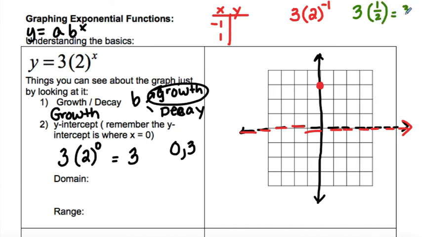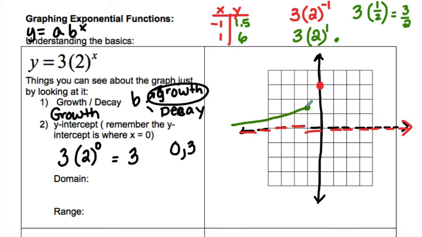So we get 3 over 2, which is 1.5. Okay, and then if we plug in 1, we get 3 times 2 to the 1 power, which is 2, and that'll give us 6. So I have enough to plot and graph this: (-1, 1.5) and (1, 6), which is going to be way up here.